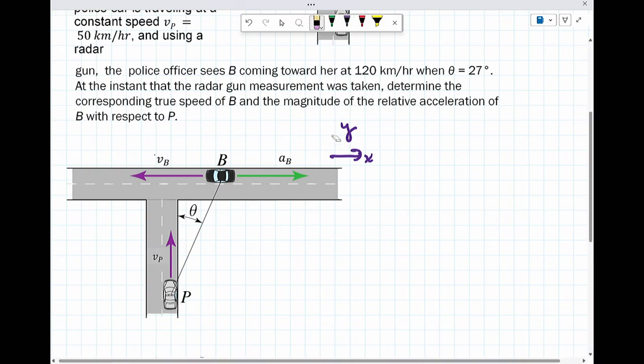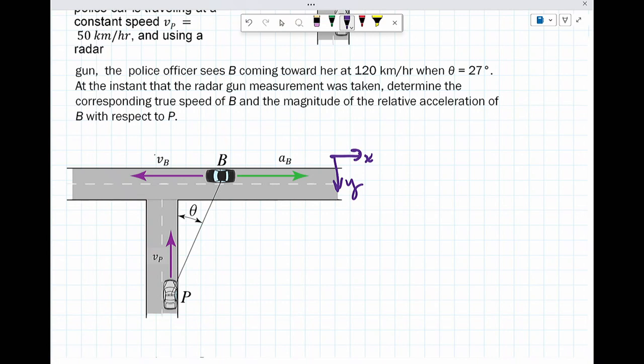Maybe not this direction. Maybe this way? It's always important to remember or vaguely remember how you wrote your axes.